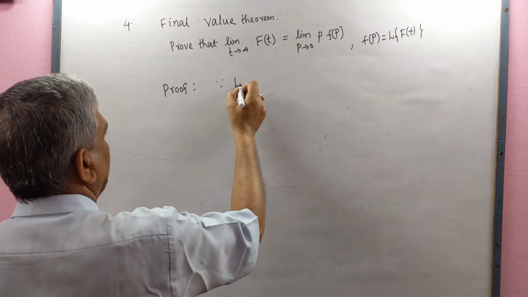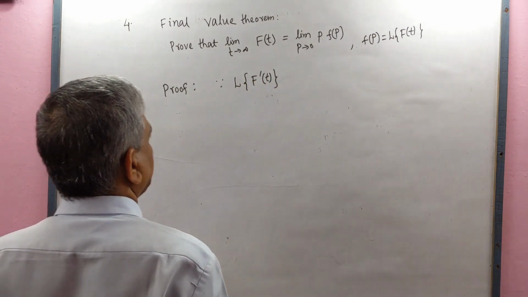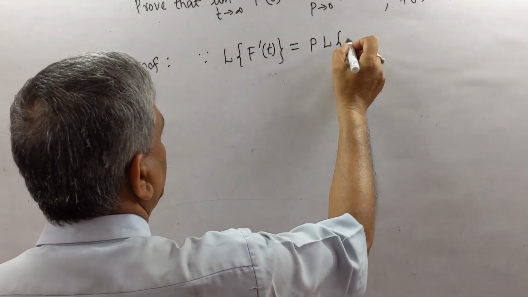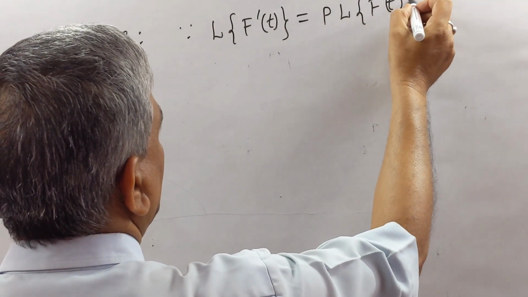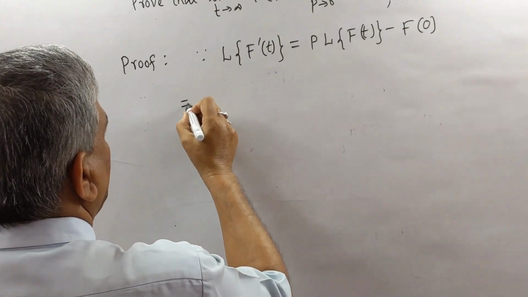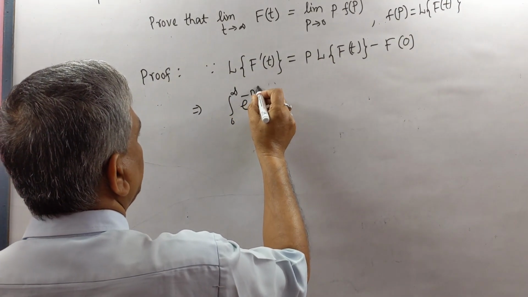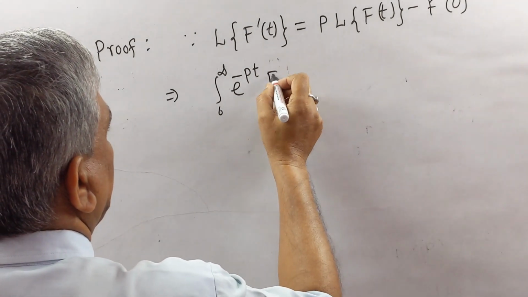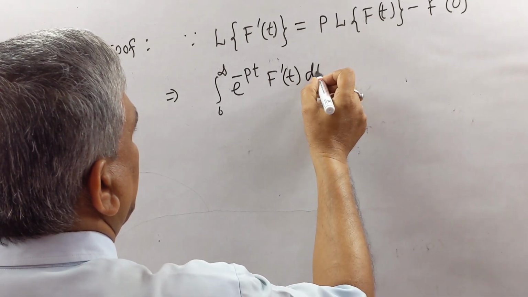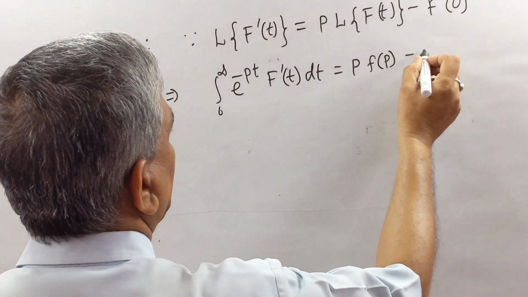Since the Laplace transformation of f dash t, the derivative of f(t), equal to p L{f(t)} minus f(0), this implies that integral 0 to infinity e to the power minus pt f dash t dt equal to p times small f(p) minus f(0).